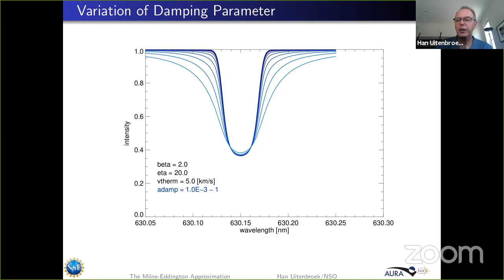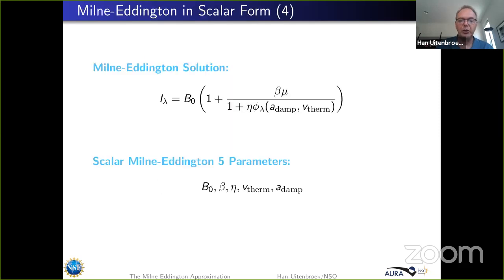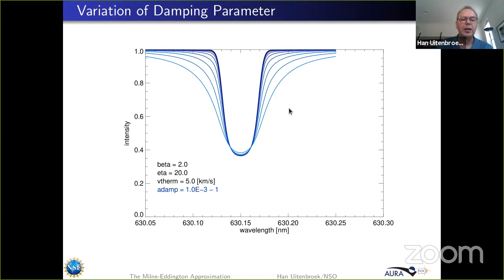Just let me show you, and Ivan will come back to these graphs in the exercise that he will start after this. This is the line profile as calculated with the Milne-Eddington approximation. So basically, I calculated it given 5 values of these parameters, although I've scaled B0 to 1.